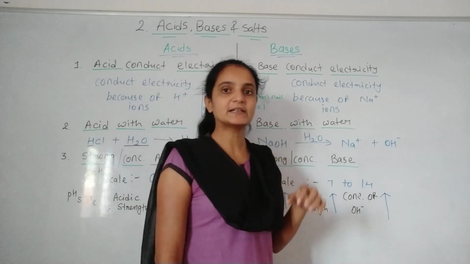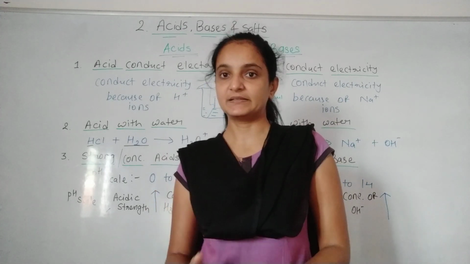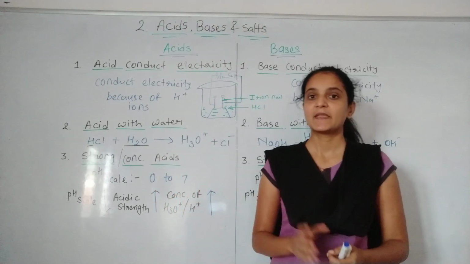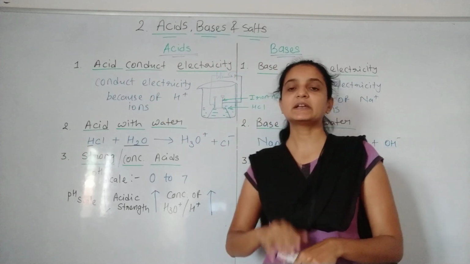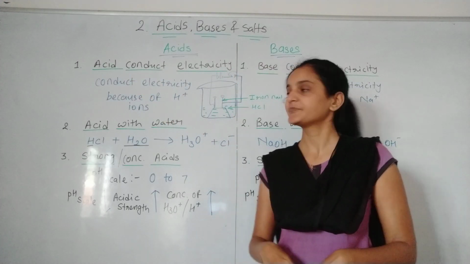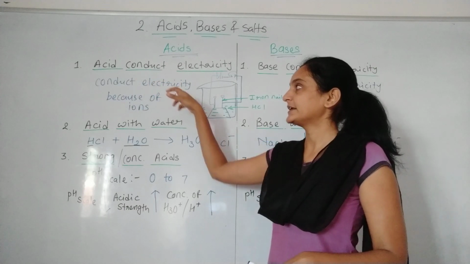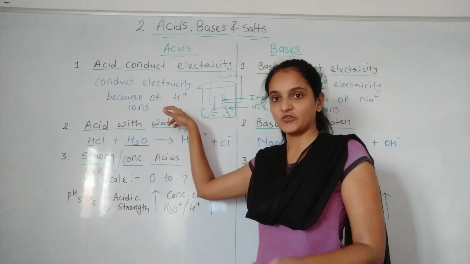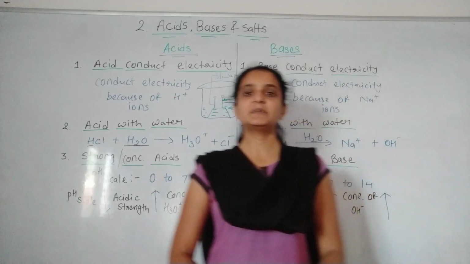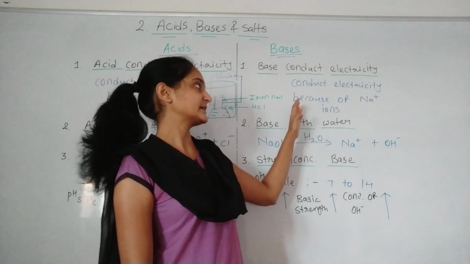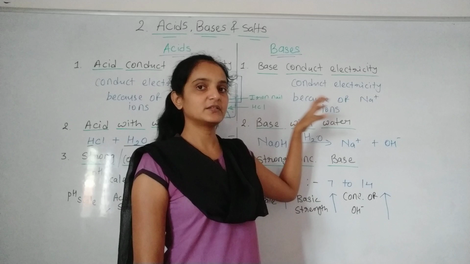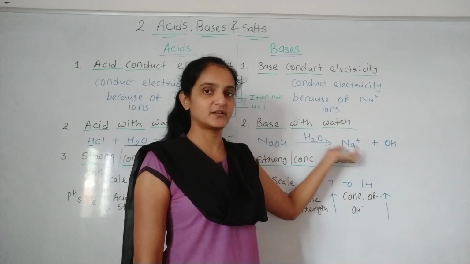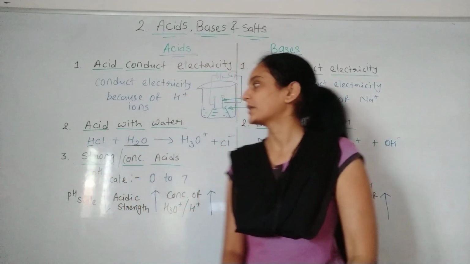In short, acid and base have a common property: both can conduct electricity. Acid conducts because of H+ ions; similarly, base conducts because of Na+ and OH- ions. If you take another base, then K+ and OH- ions.